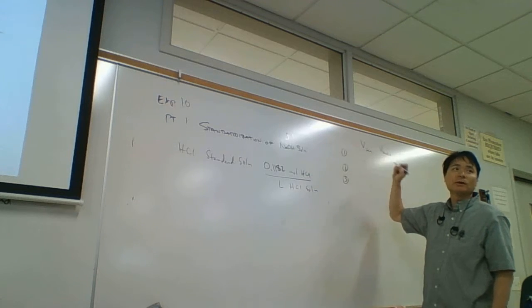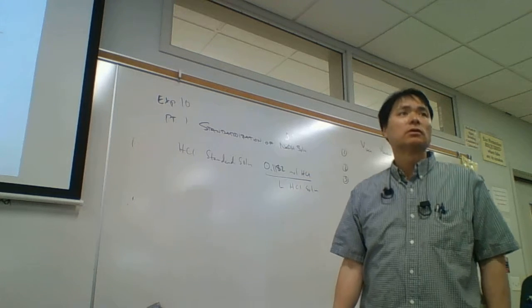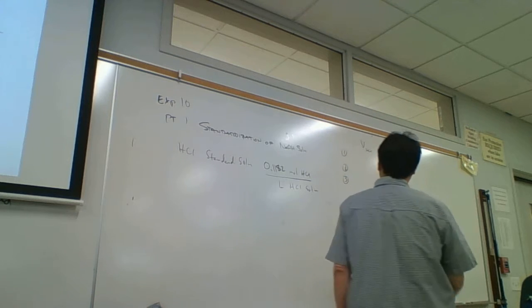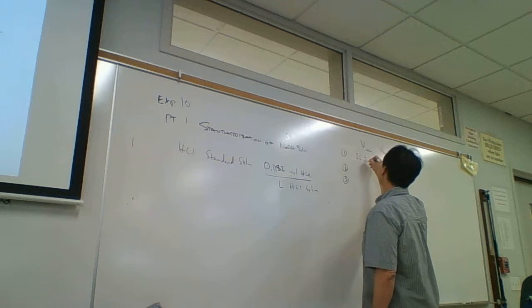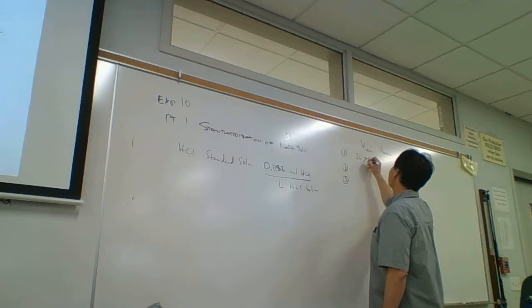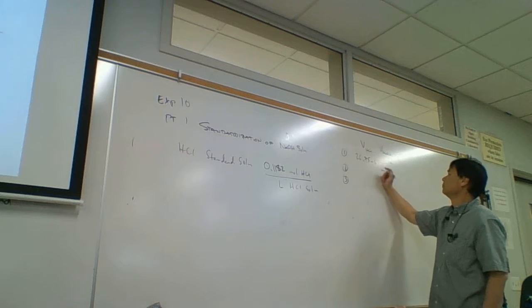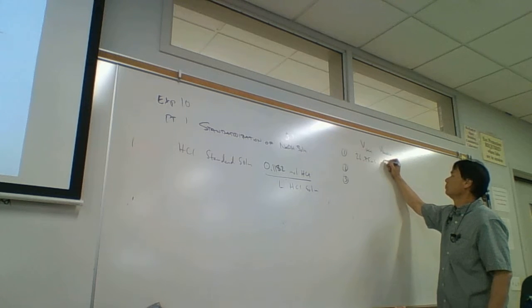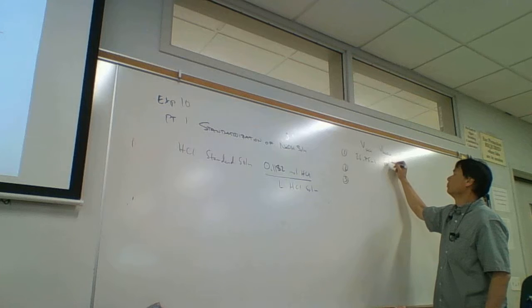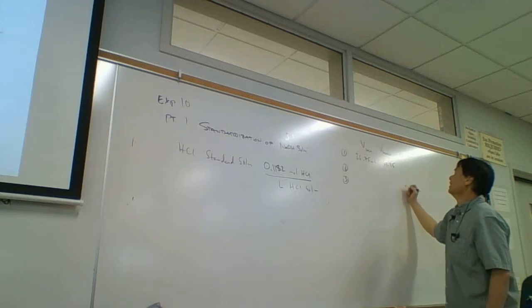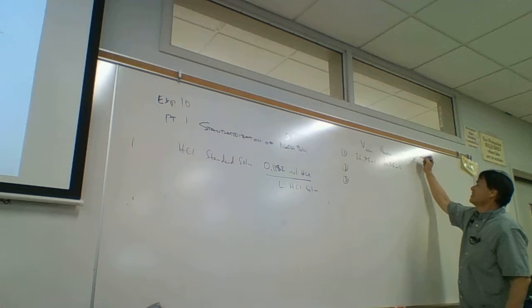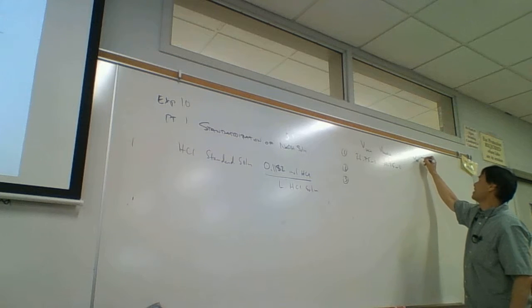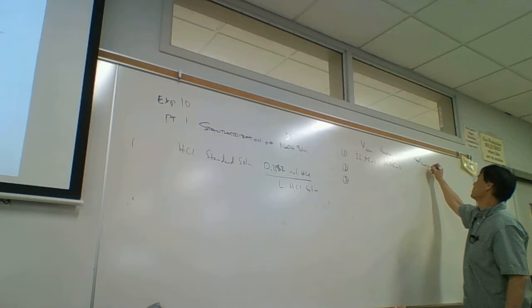Okay, the first part, 26.75. What was the volume of the base? 25.25. All right, and then we took a ratio. You could take the acid over the base ratio or the base over the acid ratio.